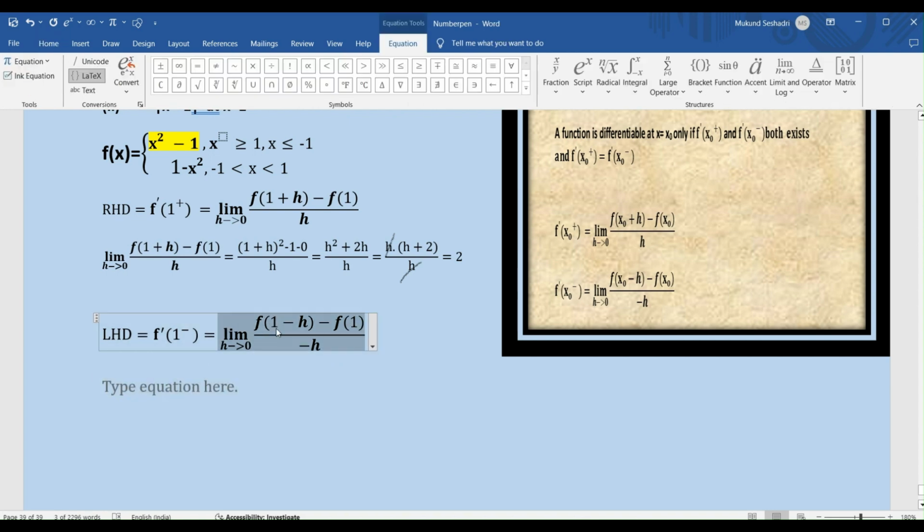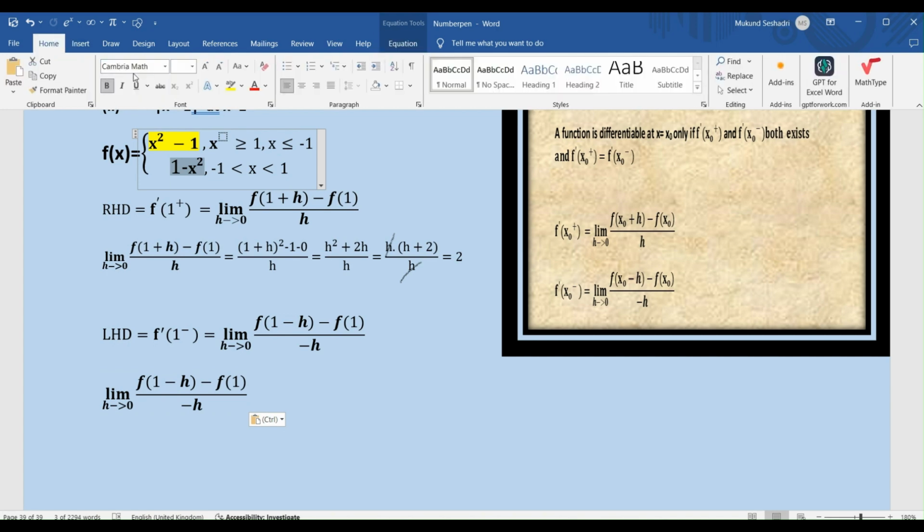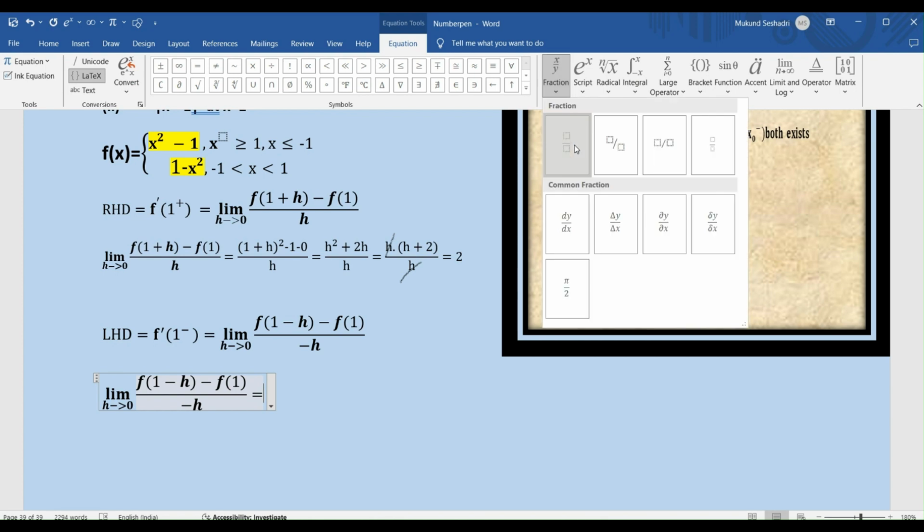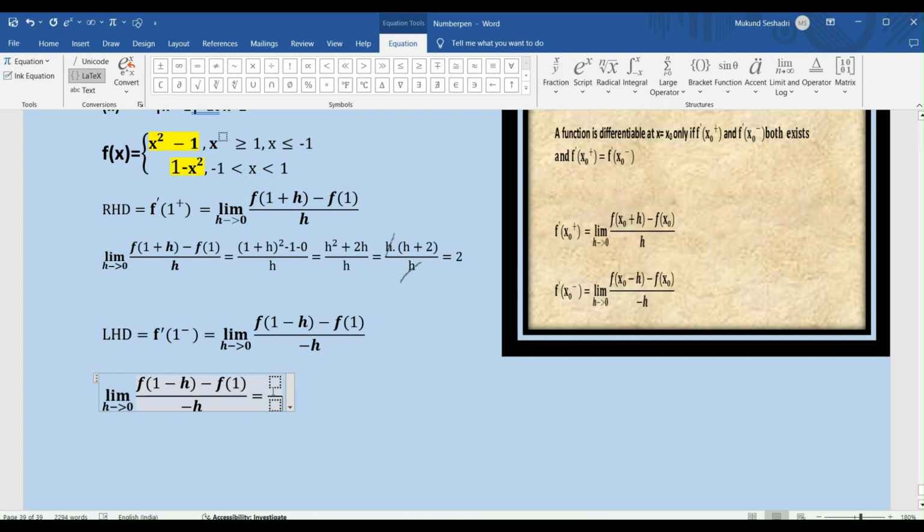My f of 1 minus h is when my x takes a value which is lesser than 1 by an infinitesimal h tending to 0. Which means I will have to apply the equation for x lesser than 1, which is 1 minus x square. So wherever I have an x, I will have to replace it by 1 minus h in the equation 1 minus x squared.